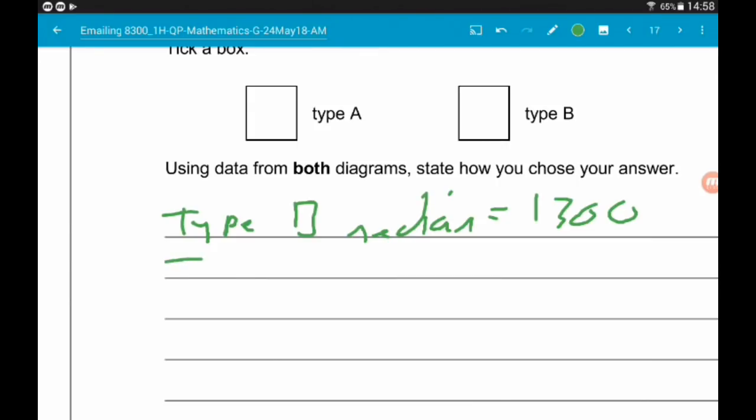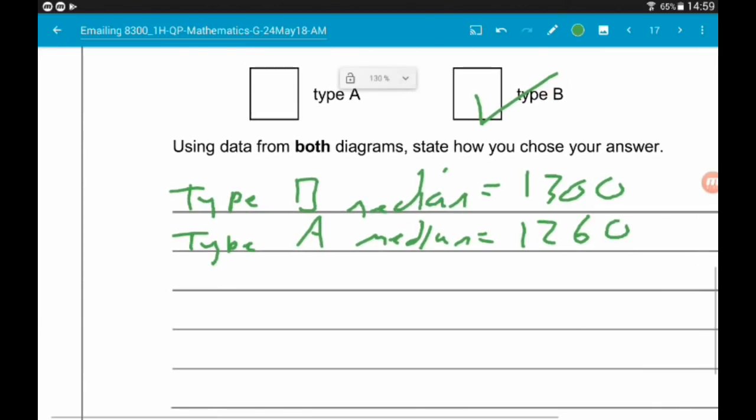So type A median is 1260. So type B has a higher median. So we're going to say that type B has the greatest battery life on average because it has a higher median.